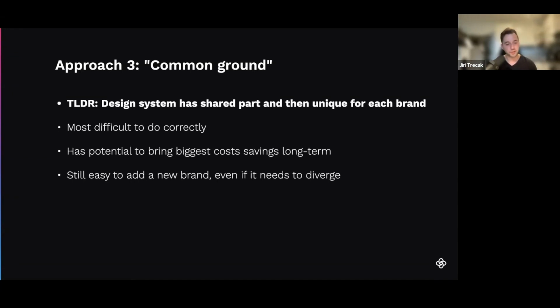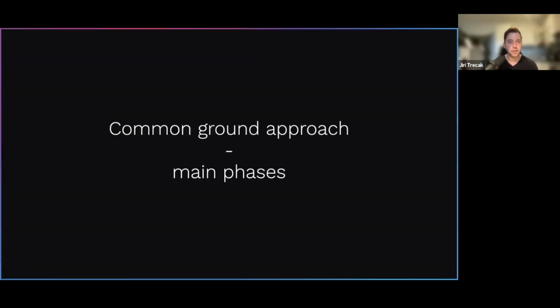And it is still something to keep in mind. In this solution, it is still easy to add a new brand, even if you need to diverge a little bit. So what are the main phases of this common ground approach?